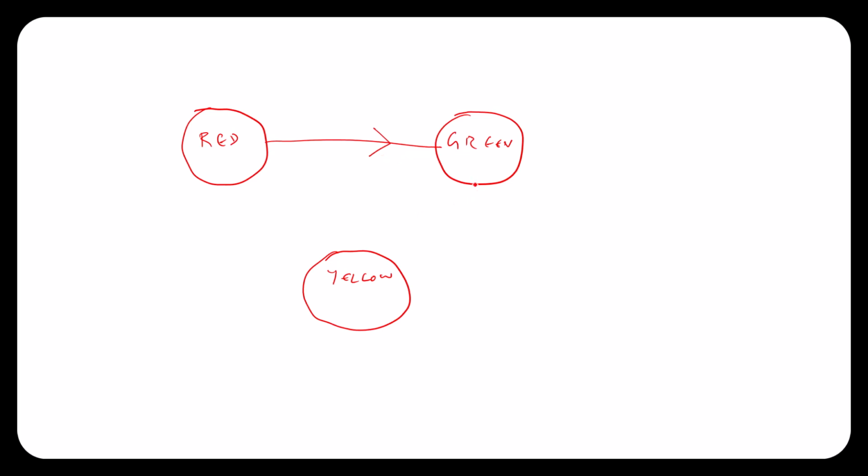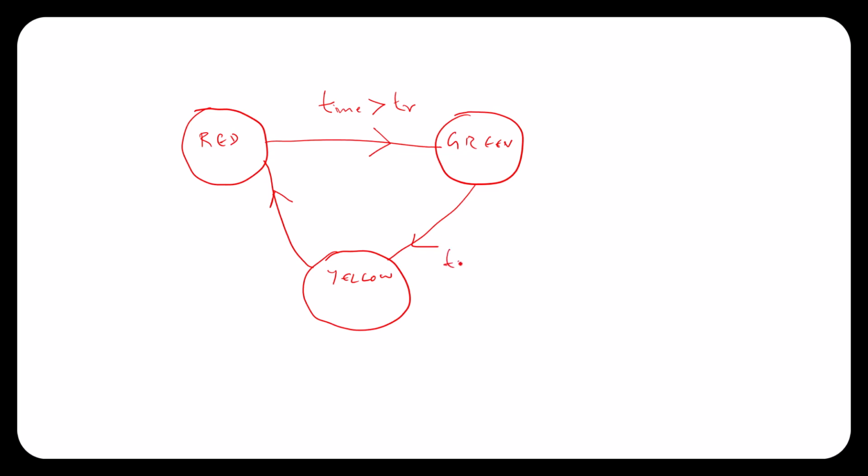We know there's going to be a transition from green to yellow. And then we know there's going to be a transition from yellow to red. Under what conditions? When the time becomes greater than TR. So when the time exceeds the limit of TR, it transitions from red to green.